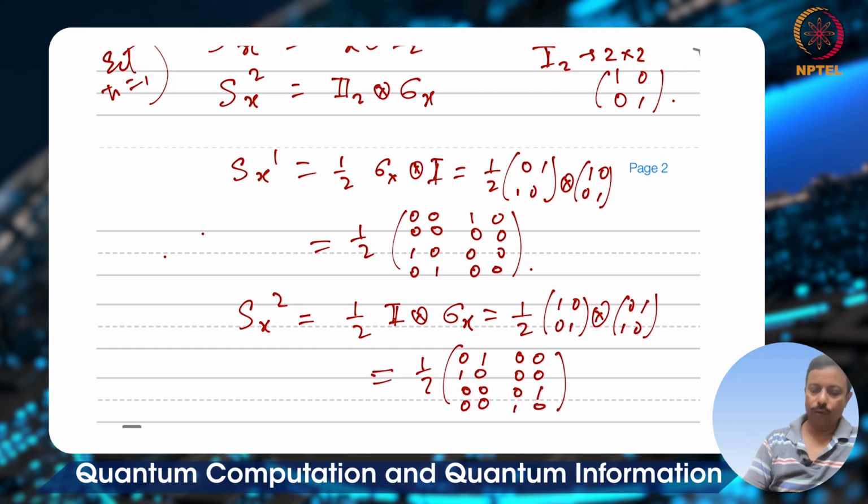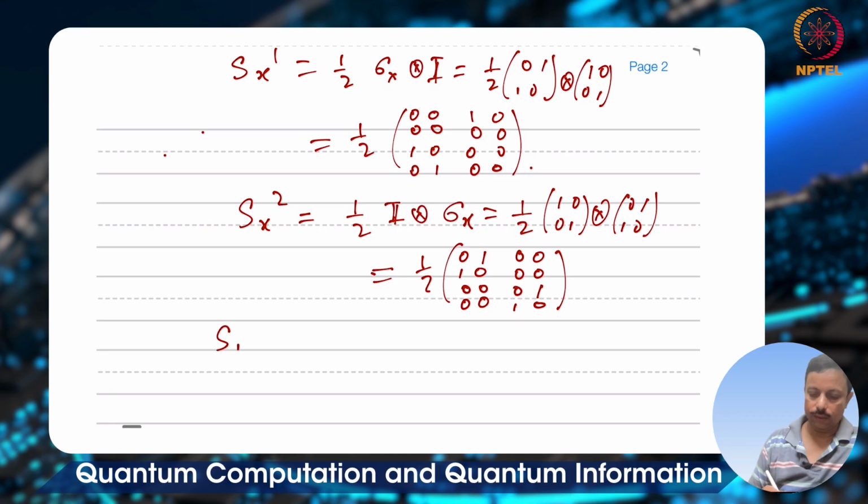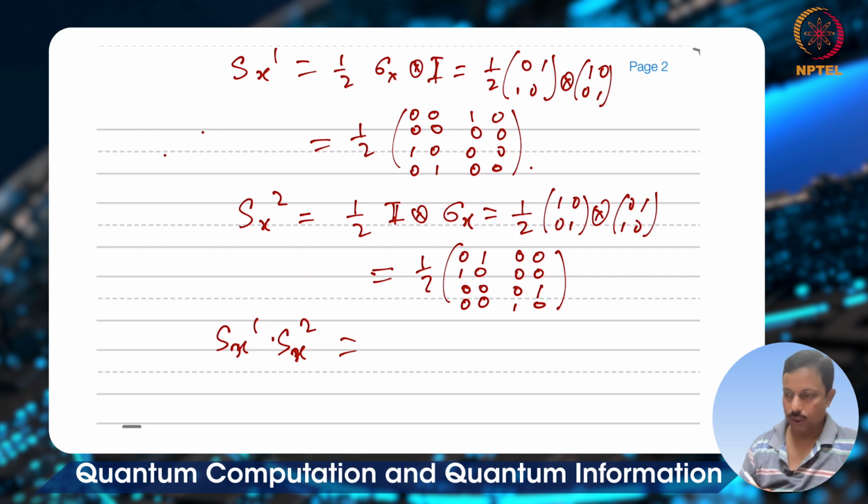Now I have to evaluate Sx1 dot Sx2 for generating the Heisenberg Hamiltonian, and that is simply 1 by 4, because half and half, times the anti-diagonal matrix 0 0 0 1, 0 0 1 0, 0 1 0 0, 1 0 0 0.